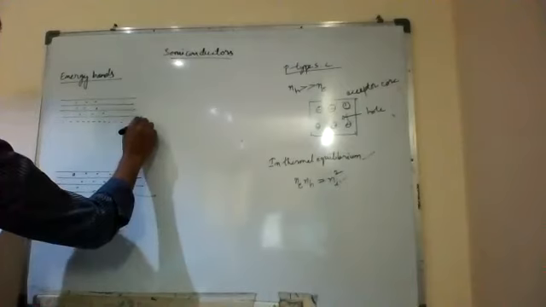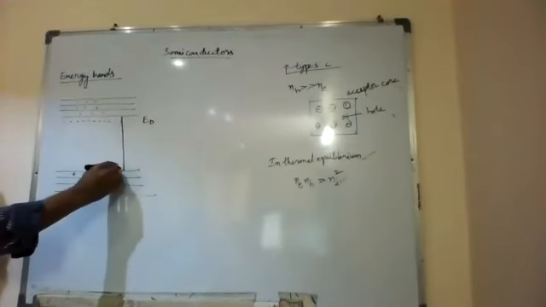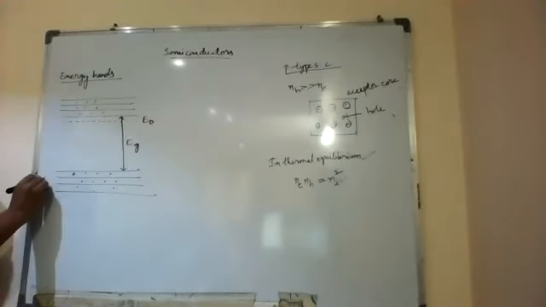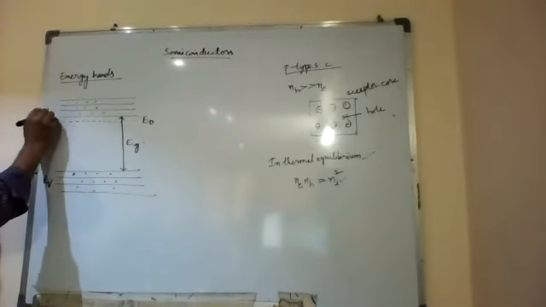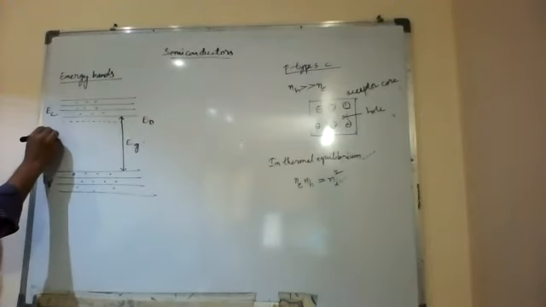This is a donor energy level or Fermi level. And this gap is said to be the energy gap. EV is the energy of the valence band, EC is the energy of the conduction band, and this is the electron energy.